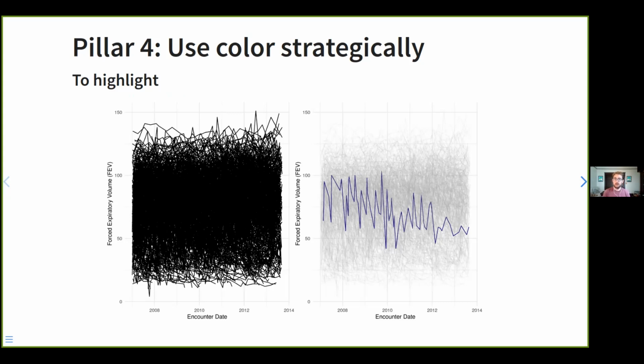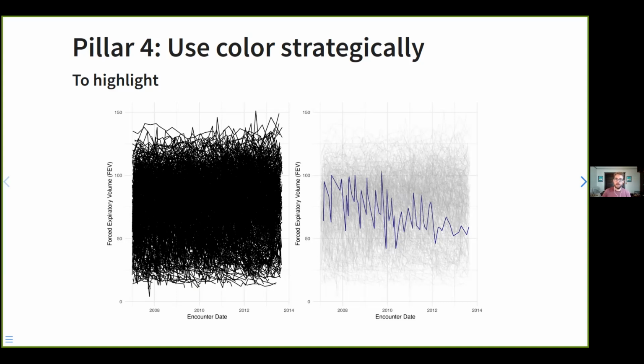So what you can do is decide to focus, using your color changes to specify a single individual, as you are seeing on the right here. By focusing people's attention on that single individual, you can still make the point that this FEV metric tends to go down over time, which is unfortunately a consequence of the disease.